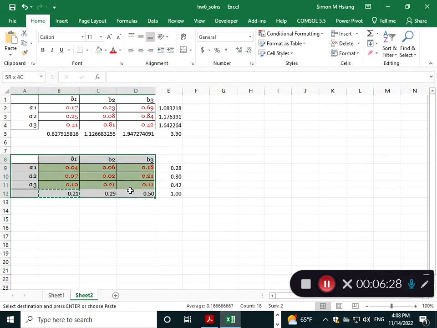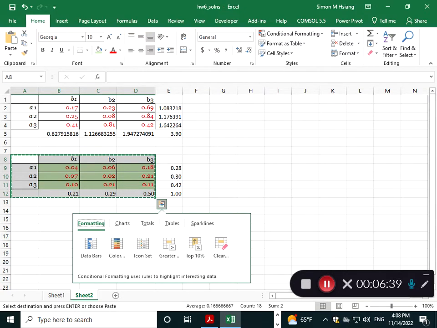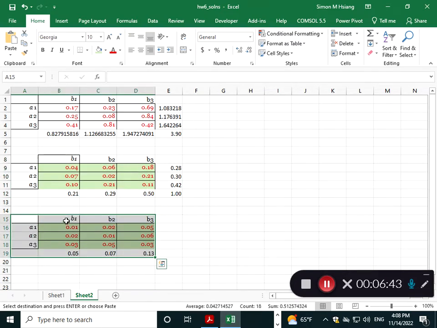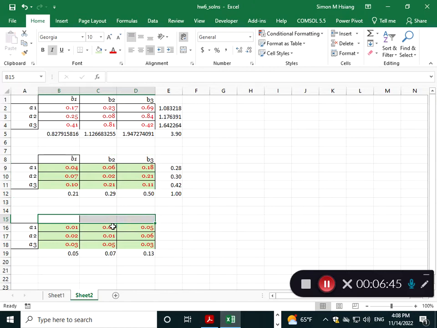Next, if I want to say that I only care about, given B, what will happen to A? Given B, what happened to A? So now I'm going to create a table.